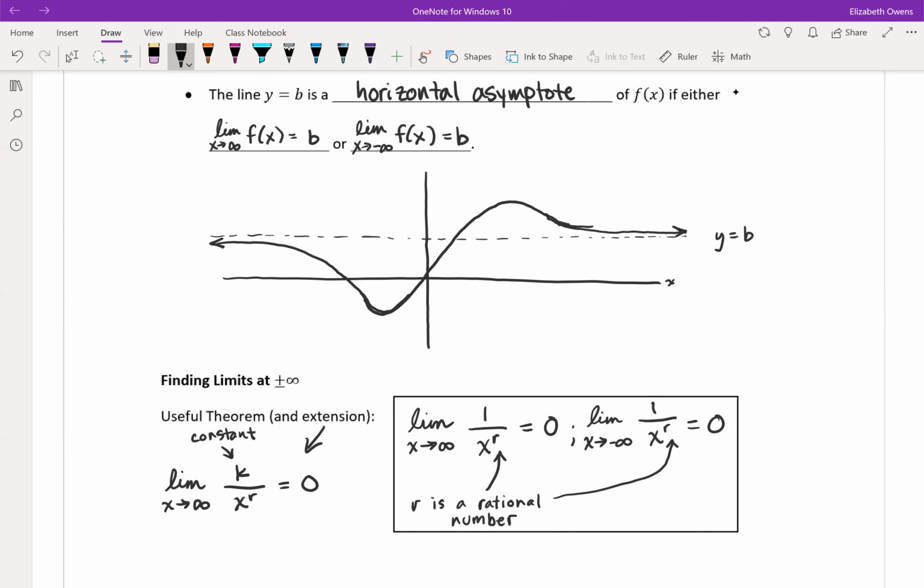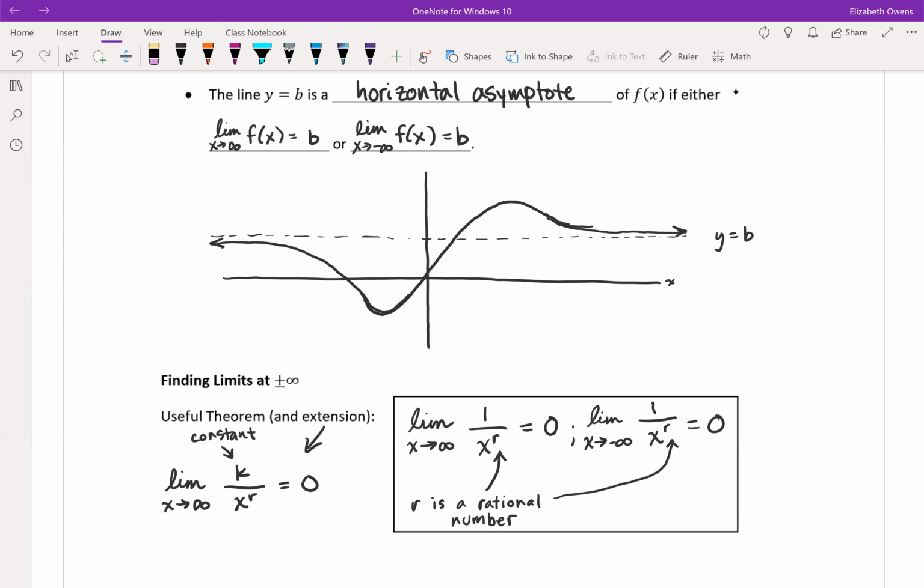K is just some constant. It could even be a fairly large constant, like 1,000 or 1,000,000 itself.